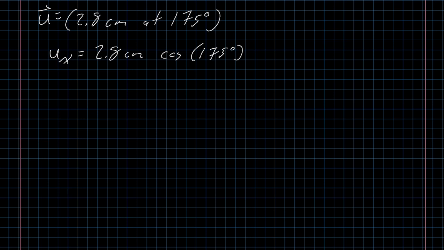But ux is going to be 2.8 times the cosine of 175, which comes out at, oddly enough, negative 2.8 centimeters. It feels like that's just the same value. And it mostly is. 175 degrees is almost entirely straight across. So with the two significant digits that we have here, that's basically the whole thing.